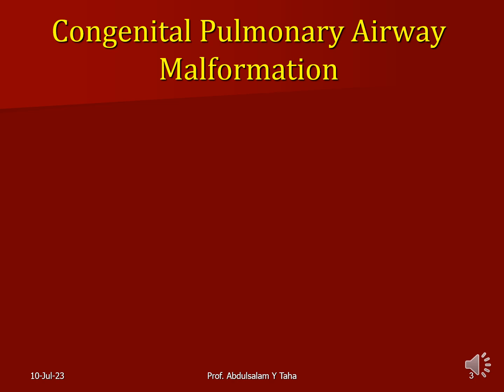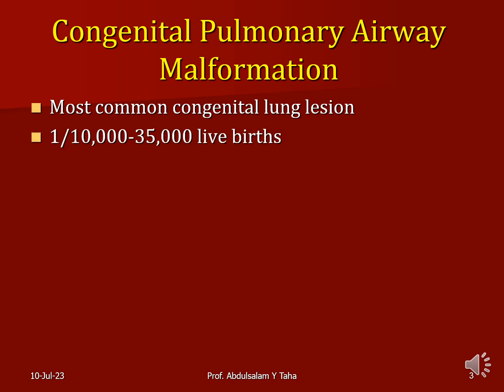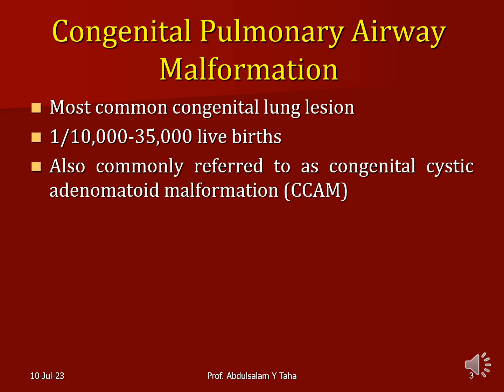Congenital pulmonary airway malformation is the most common congenital lung lesion. The incidence ranges from 1 in 10,000 to 35,000 live births. It is also commonly referred to as congenital cystic adenomatoid malformation, CCAM.